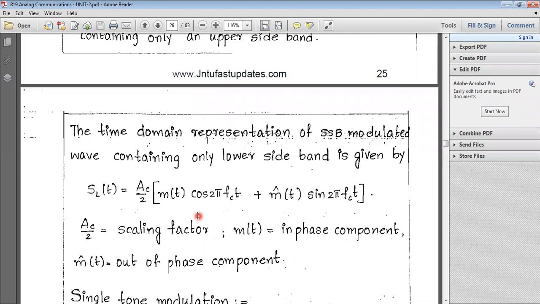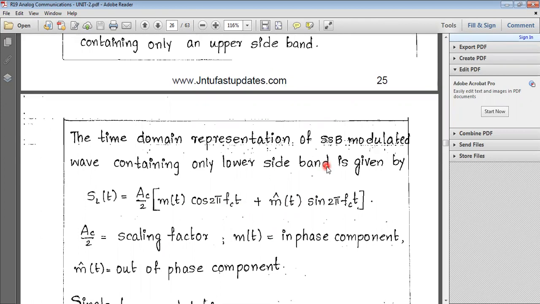So in the above expression, AC by 2 is considered as the scaling factor. And m of t, already you know, is the message signal, which is the in phase message signal. And m cap of t is the out of phase component. So this is the SSB signal in time domain description.